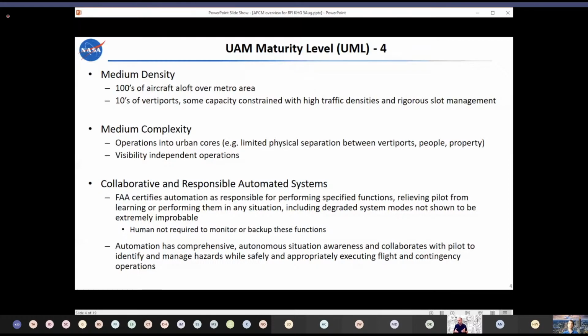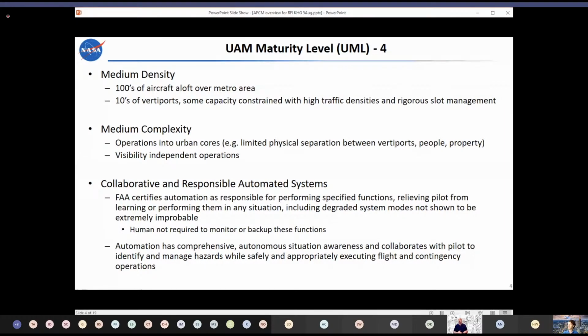And again, this gets into interplay between the vehicle and the airspace automation. Vehicles are probably going to have to follow some sort of rigorous slot management strategy. So being able to accurately execute 4D clearances is probably going to be an important part of UML4 operations.